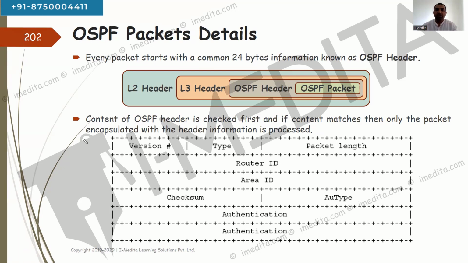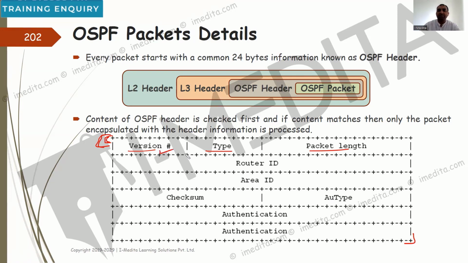Within the header, these 24 bytes start from here and go until authentication. Each OSPF packet, whether hello or any other, will start with these common, fixed 24 bytes.